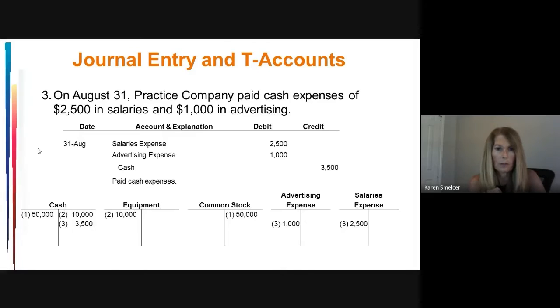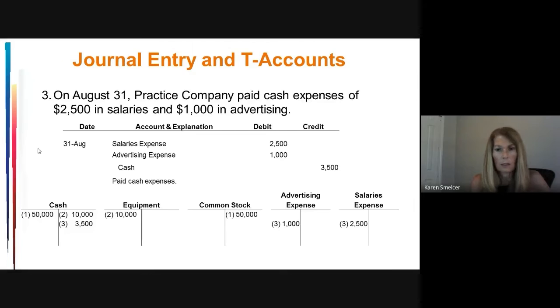So this would be considered a compound entry. So first we're going to debit our salaries expense for $2,500. Expense accounts are a type of equity account, but expense accounts are always increased with a debit. Okay, so you see that we've debited the expense $2,500.